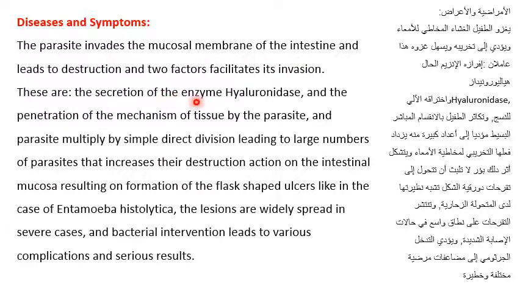These are the secretion of the enzyme hyaluronidase and the penetration mechanism of the tissue by the parasite. The parasite multiplies by simple direct division, leading to large numbers of parasites that increase their destructive action in the intestinal mucosa, resulting in the formation of what?